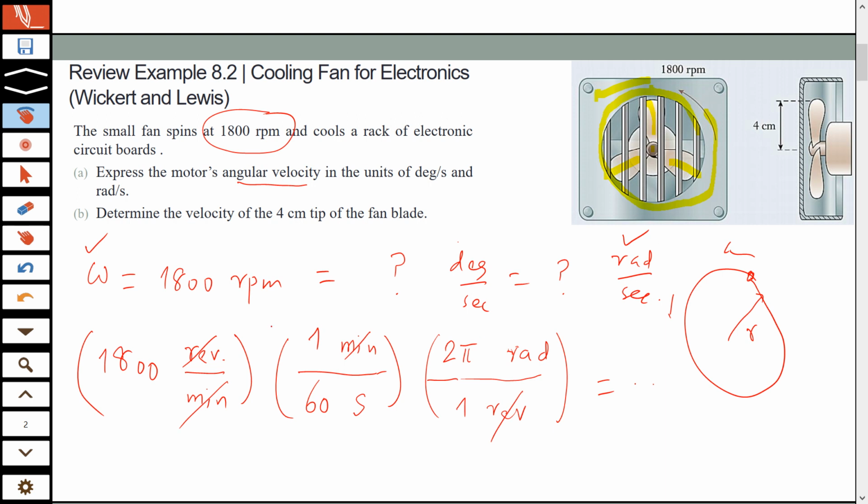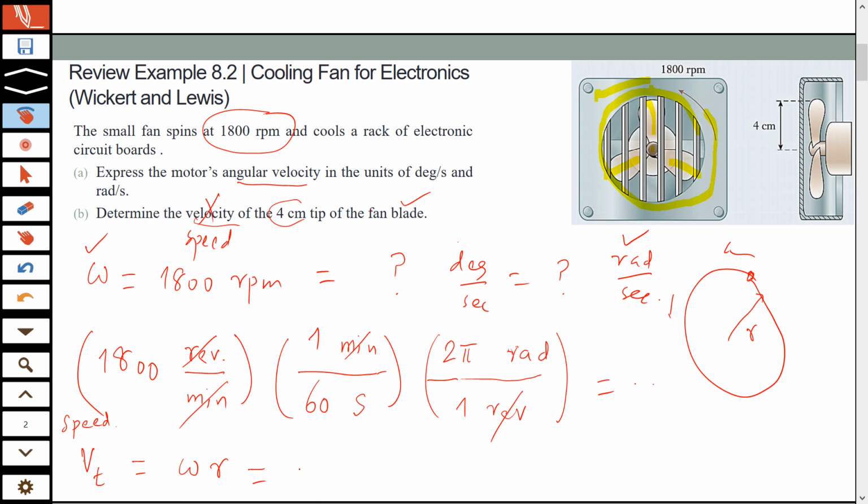Okay. Now determine the velocity of the 4 centimeter tip of the fan blade. So the tip velocity Vt, which is also the tangential velocity, is simply omega times r. And when I say Vt, I mean the speed. I only write the magnitude, which is speed. So if this was speed or the magnitude of velocity, then this will be my calculation.